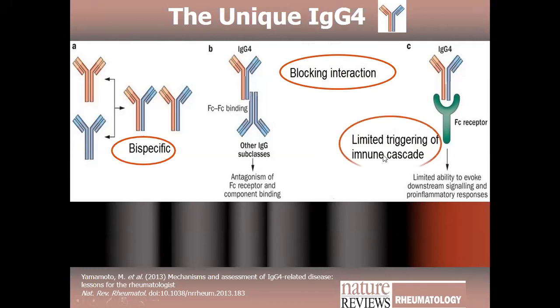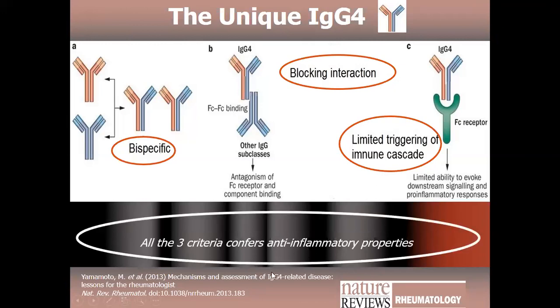So 3 criteria are acquired by IgG4 after this Fab exchange. It becomes bispecific, losing monospecificity. Every antibody has only one specific antigen, but IgG4 is bispecific. It has a blocking action on other antibodies. It has a very poor ability to trigger the immune cascade. That's why all 3 criteria confer anti-inflammatory properties. That's why it's unique.